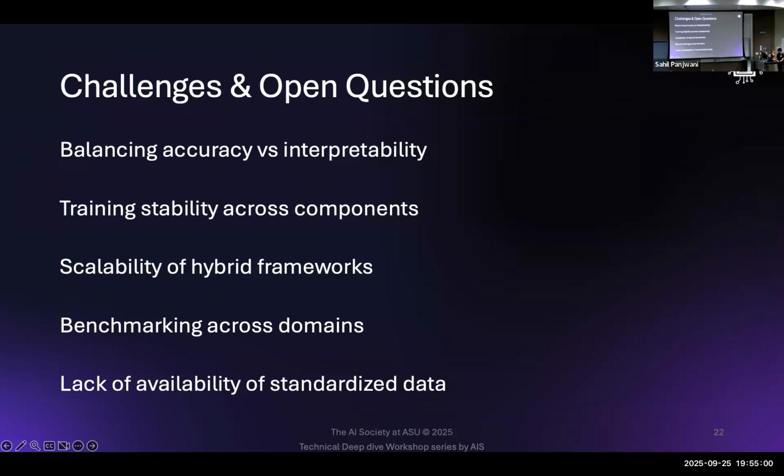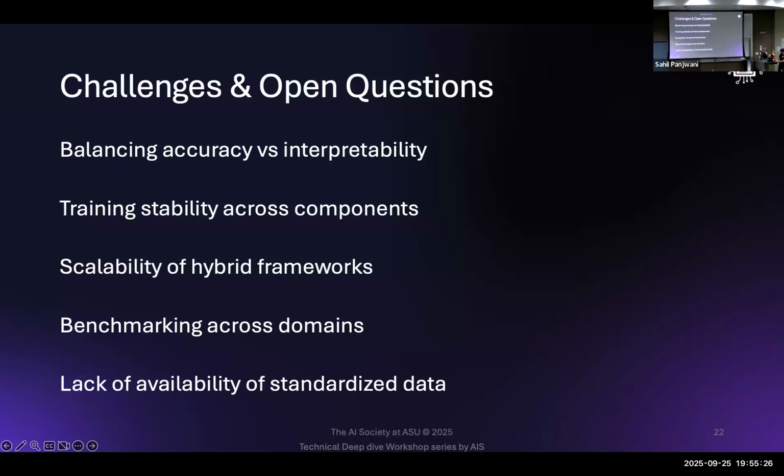Training stability is also a problem, because if you want to combine very different components like symbolic rules and physics-informed ones, then optimization can become very fragile. Another challenge is scalability. A design that works in a controlled research environment does not guarantee that it will translate to large scale.